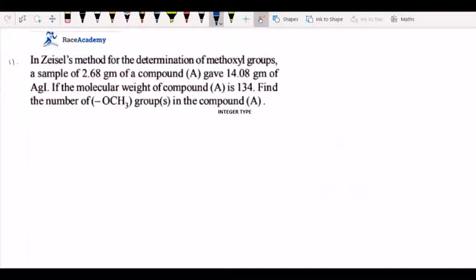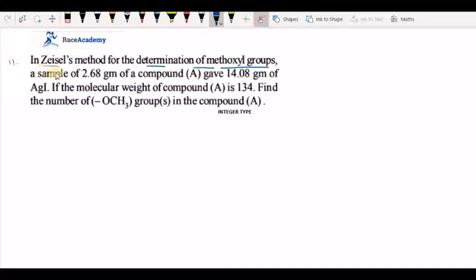Okay. Let us see this question. Zeisel method for the determination of methoxyl groups. In this question they are telling Zeisel method is for the determination of methoxyl groups. As you know, in alkyl halide concepts, we have the reaction with silver nitrate.